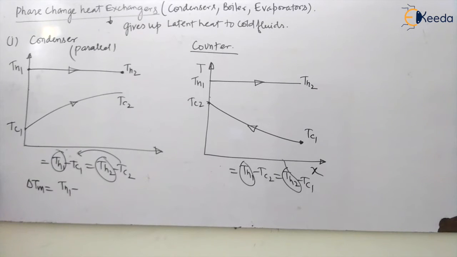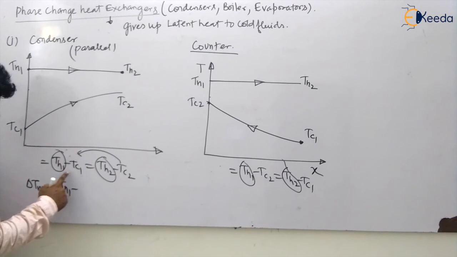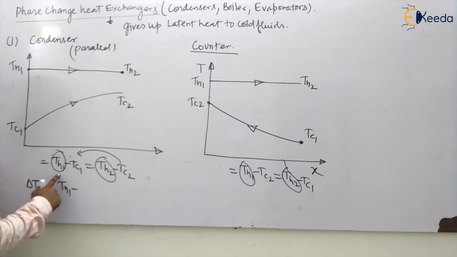So this will become TH1 minus TC2 is equal to... if I take this to this side, let us take TH1 this side, but will this become positive or negative? Let us take TH2 this side. So TH1 minus... this is TH1. Let us see first.